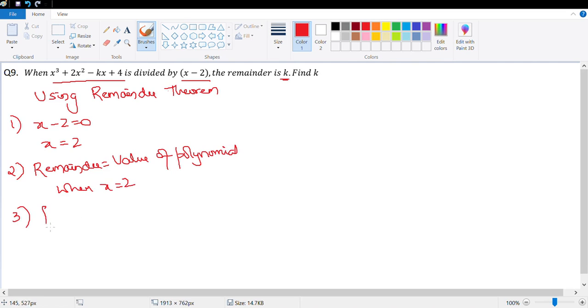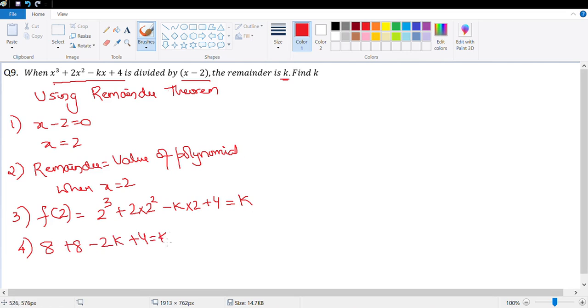So here we have f of 2, which is the remainder, is equal to, well, the polynomial here, x cube, which means 2 cube plus 2 multiplied with 2 square minus k multiplied with 2 plus 4, and the remainder is equal to k. Let's go ahead and solve this equation. 2 cube, that's 8, plus 2 into 2 square, that's 8, minus 2k plus 4 is equal to k.